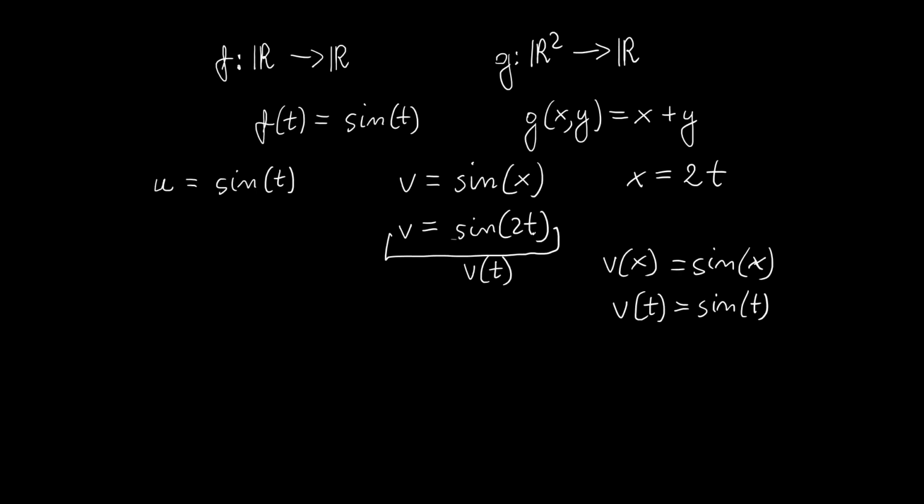And we are less interested in this original formula. This is not the formula which defines what v is. We usually know by some reasoning what v is, and we are finding that v is equal to sine of x, but also sine of 2t, because we know that there is dependency between x and t.